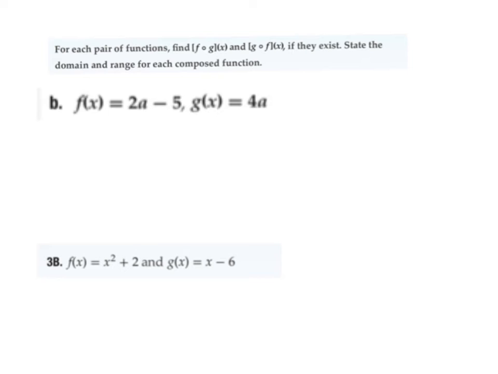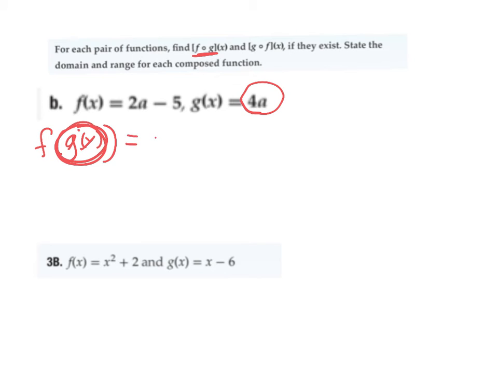In these problems, we're going to do the same compositions, F∘G and G∘F, but we don't have numbers or ordered pairs, we have actual functions. So I'm going to take this function and put it into the other function. It's going to look like this, F of G of X. That means I'm going to put this value everywhere I see X in the F function.